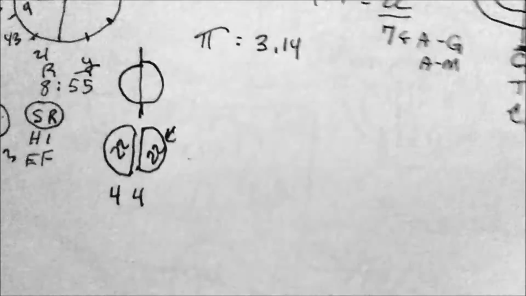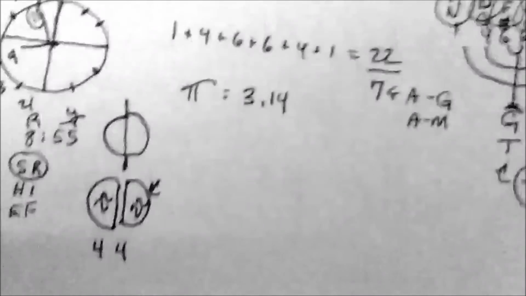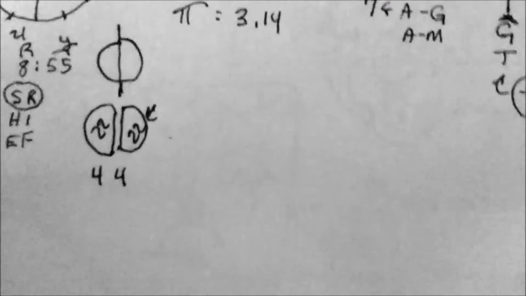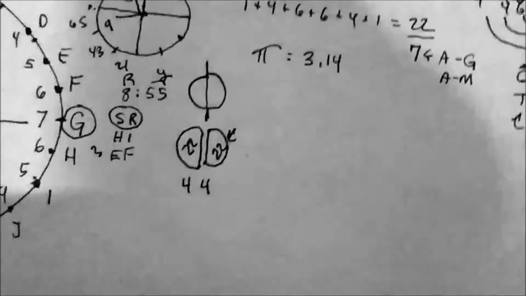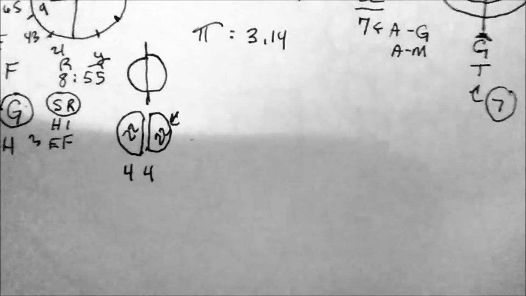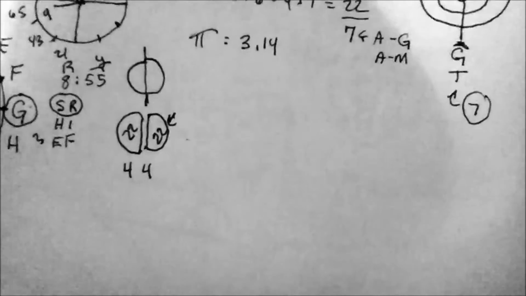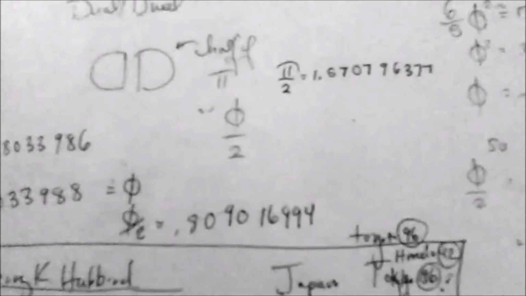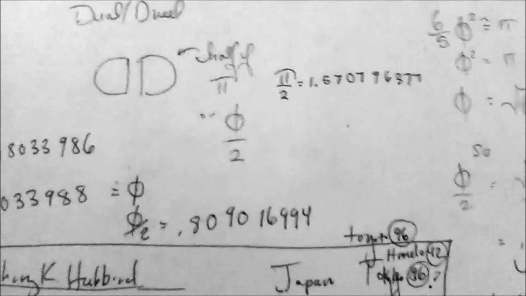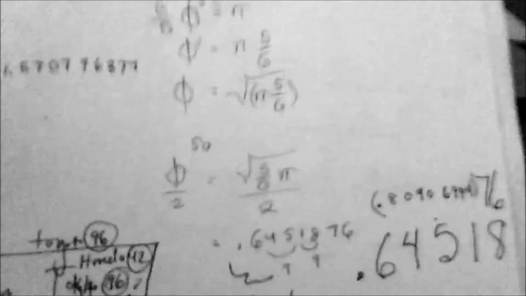Now, I did do phi divided by 2. Let me show you this. I did it the equation way, which ends up with a really different number, but we have to pay attention to how the equation derived the numbers, because they see these equations as sacred.